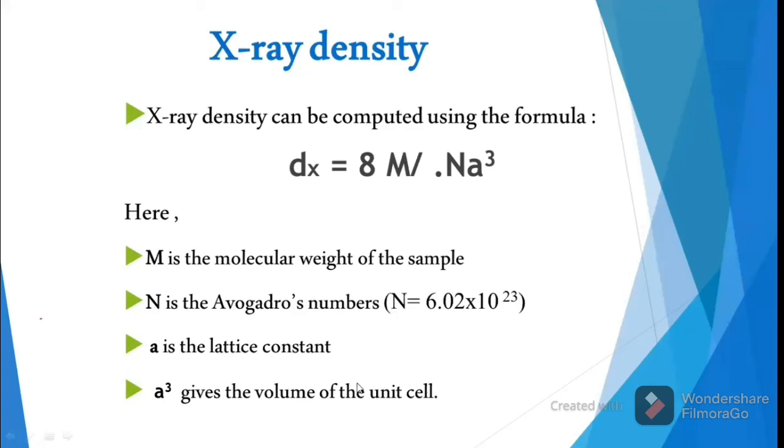For the cubic structure, we know that A is equal to B is equal to C. It means whenever we want to calculate the volume of the cubic structure, we multiply A three times, because there is no difference between A, B and C. If we take the cube of A, we can write down the volume of the unit cell.